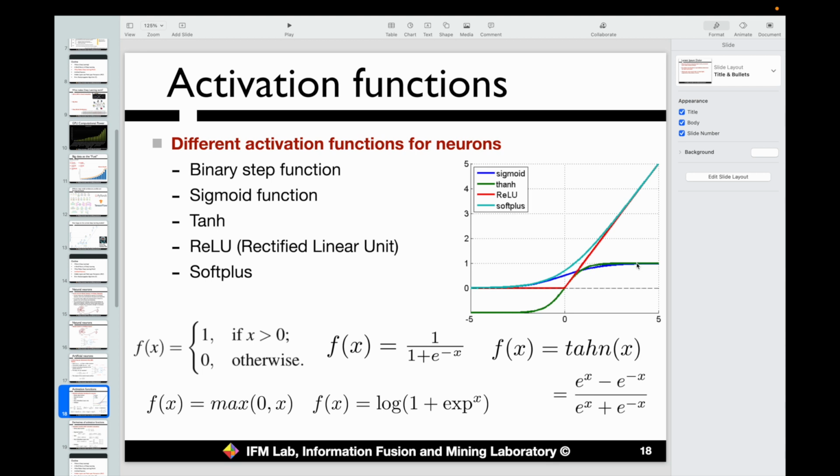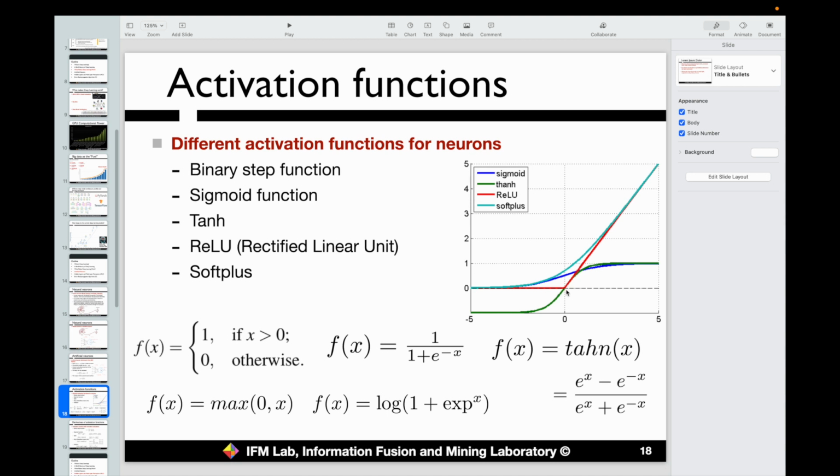So to address this kind of problem, we have the ReLU function, because its gradient will always be a larger value, which is constant 1. However, the disadvantage is that it's not differentiable in some regions.